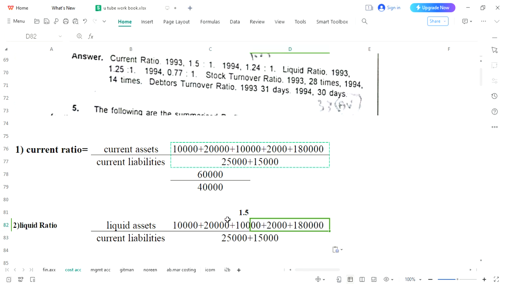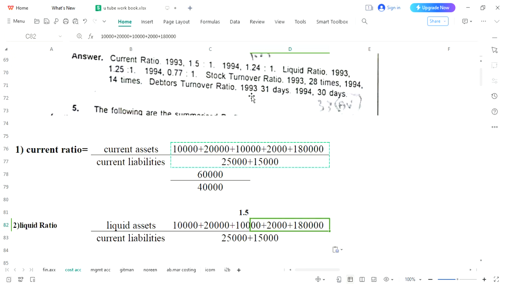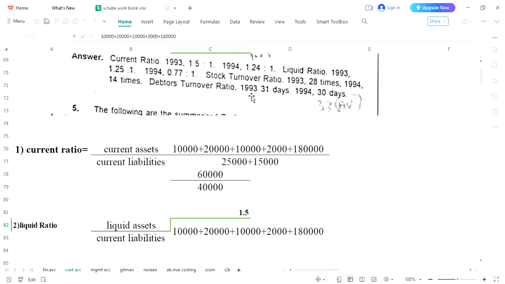And the first method is the direct method. You need to subtract stock and prepaid. These were 5 current assets: stock, debtor, bill, advance or cash. There is only one item, stock, which should be excluded. Prepaid are not present. So this stock of 10,000 we are going to delete.